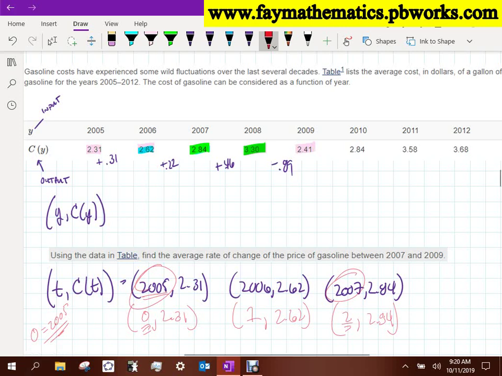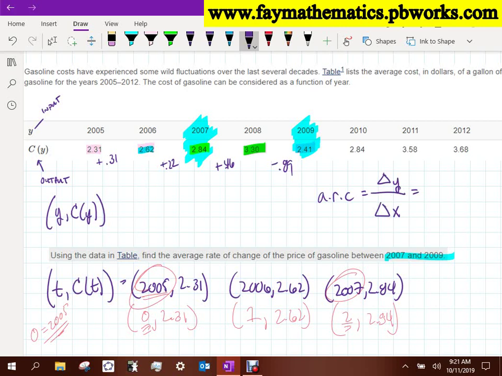But it wants to find the average rate of change between 2007 and 2009. 2007, so that one there, and 2009. Okay. Well, our formula says average rate of change is equal to the change in your y values divided by the change in your x values, or the change in your output divided by the change in your input.